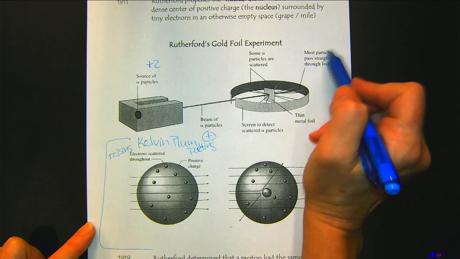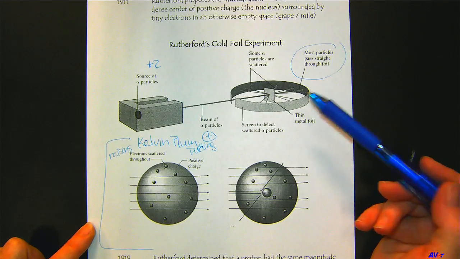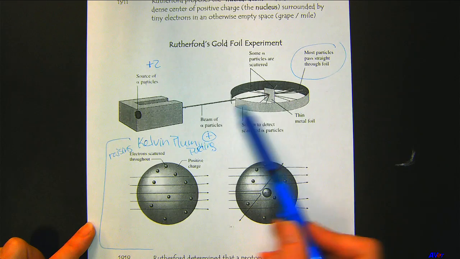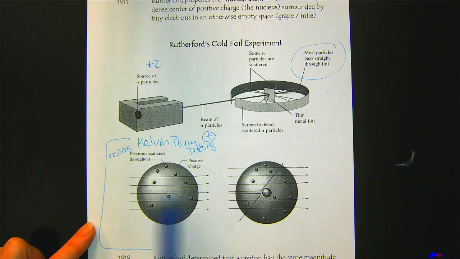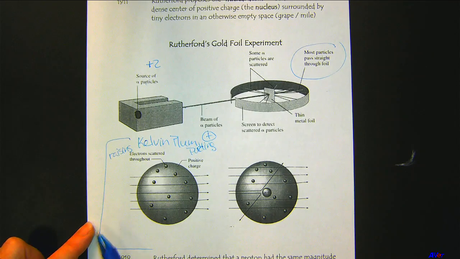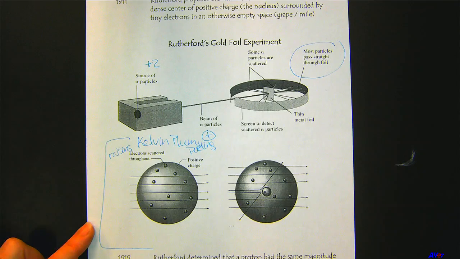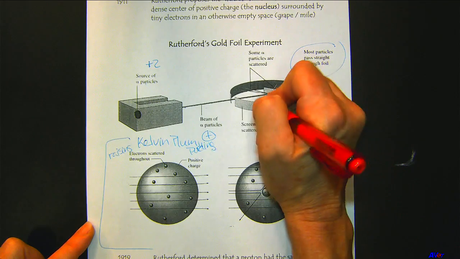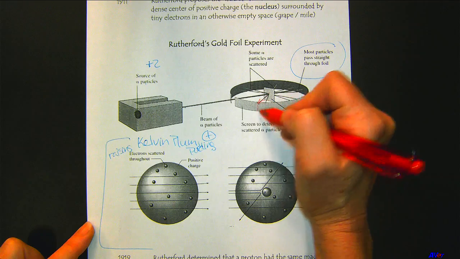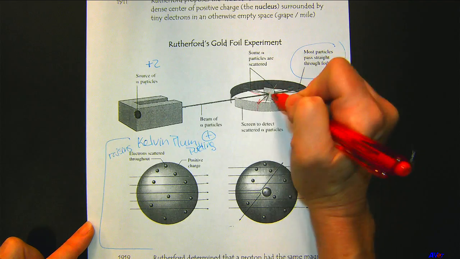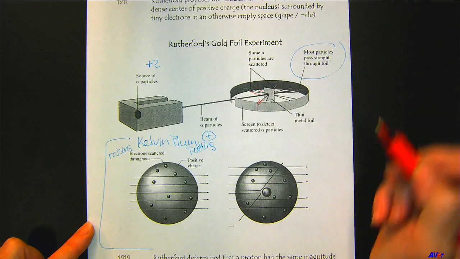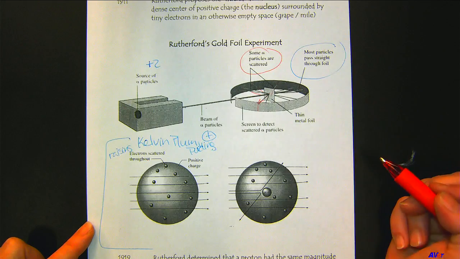And initially, that's exactly what happened. Most of the particles passed straight through. So it looked like the plum pudding model was the correct model. But the longer Rutherford did the experiment, he started to notice that, ding, there started to be some exposure here and here from these alpha particles. So these alpha particles were getting scattered.